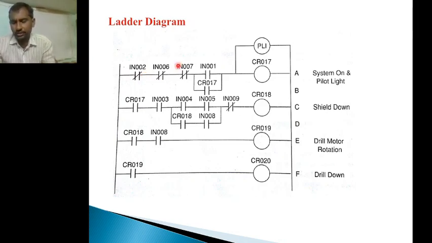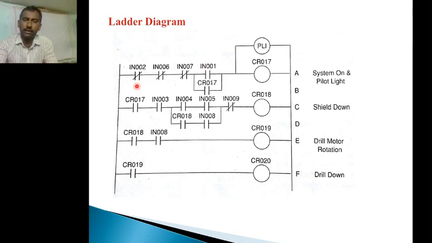First, when we press the system start button, that is IN001, then IN001 is on. Initially this IN001 is a normally open contact. So when IN001 is on, this contact will be closed.